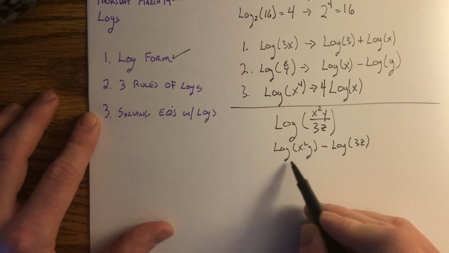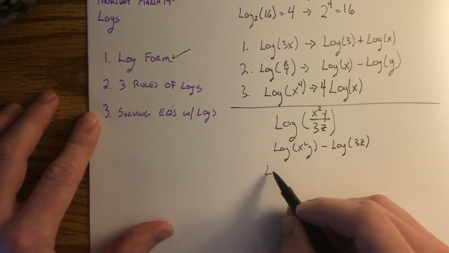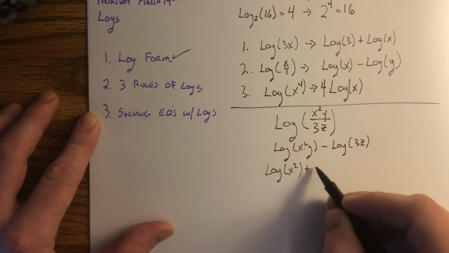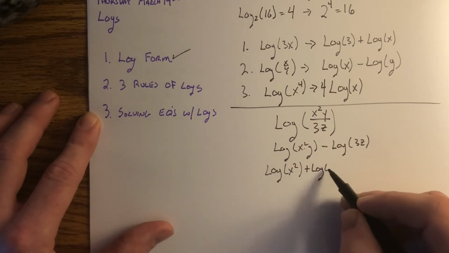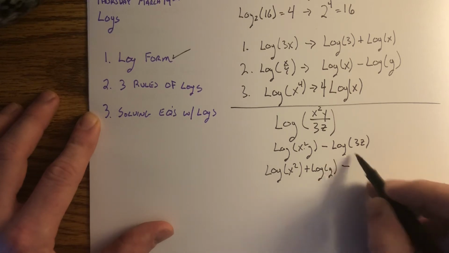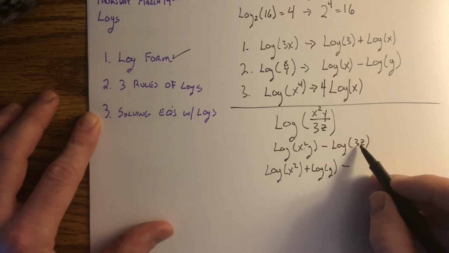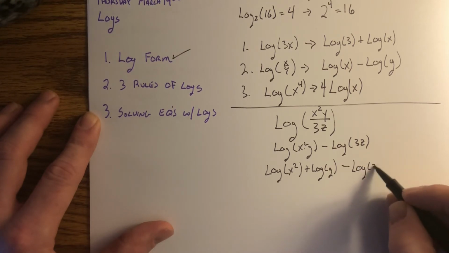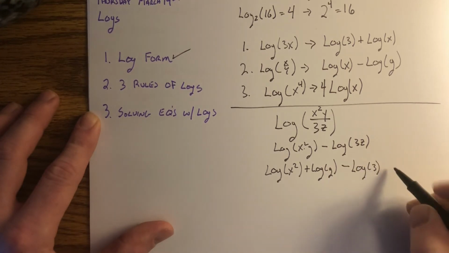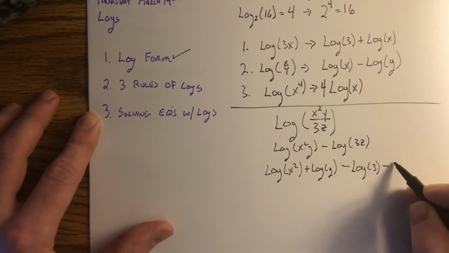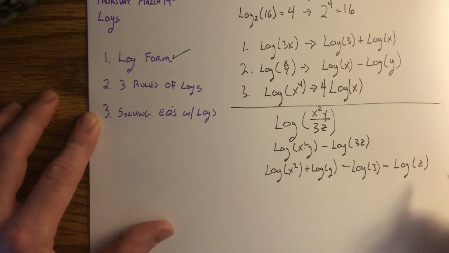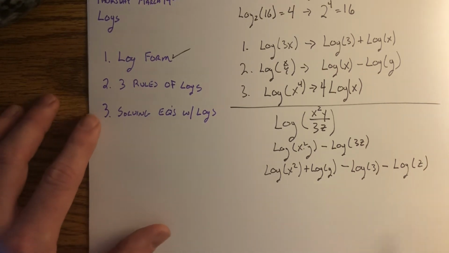So here, multiplication, that can be split up into 2. So it'll be log x squared plus log y minus, this multiplication will become addition. So log base 10 of 3 minus, that's where you guys are going to get confused or caught up, log base 10 of z. I got one more thing I can do here.